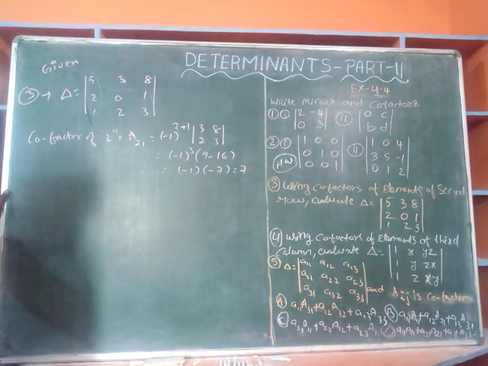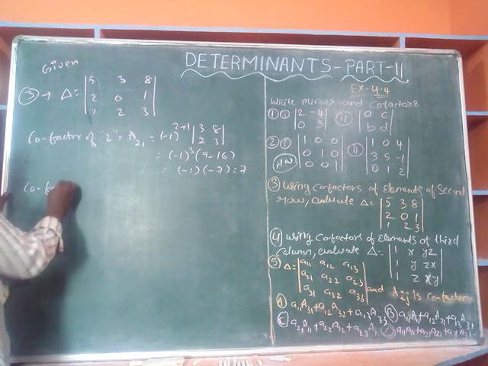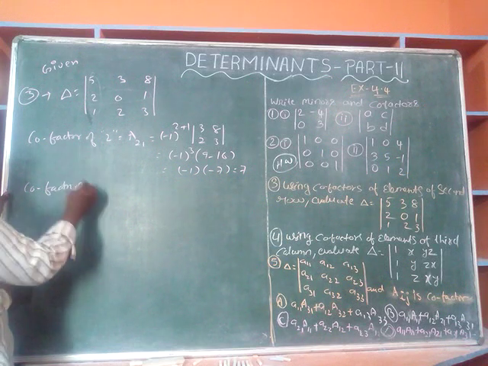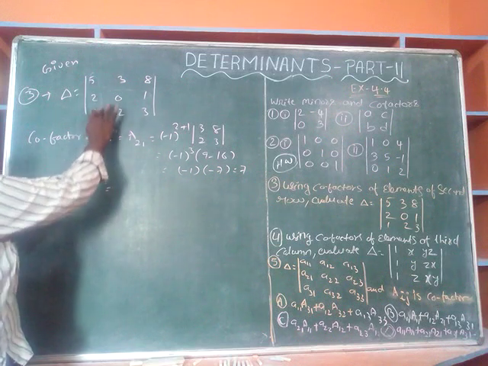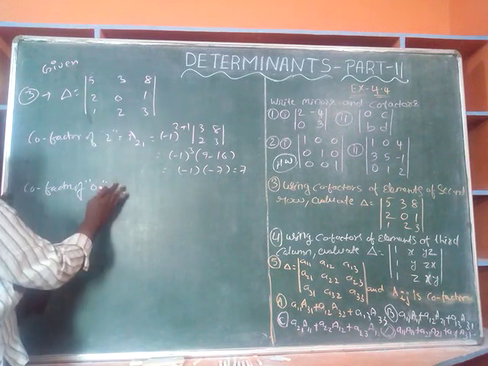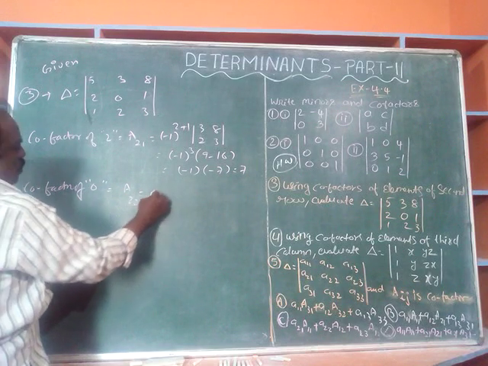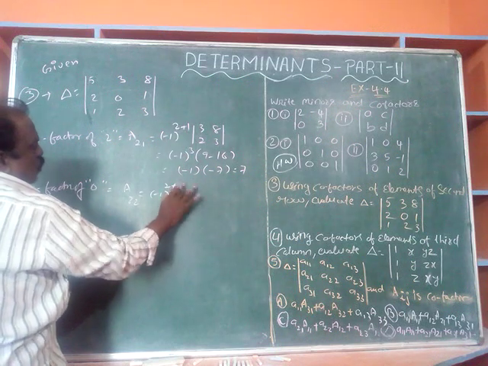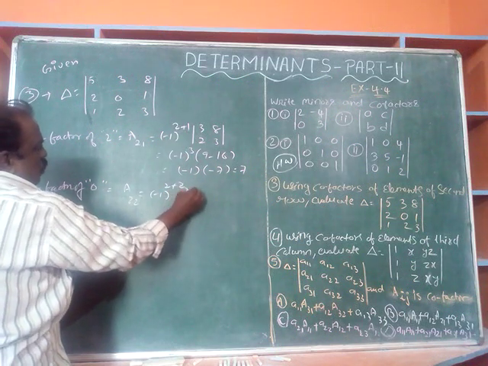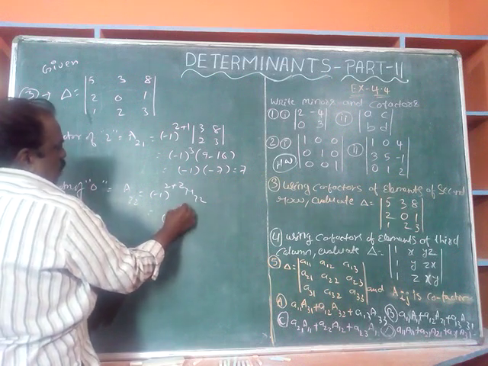Okay, now. Again, the cofactor of 0. The cofactor of 0 is A22, minus 1 power 2 plus 2 into M22, minus 1 power 4.